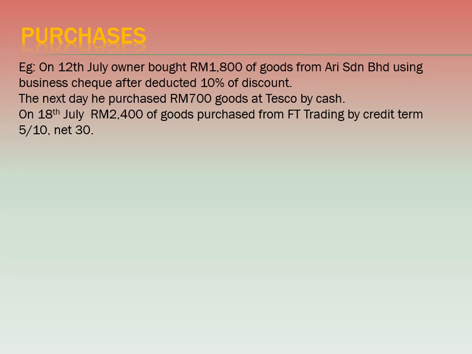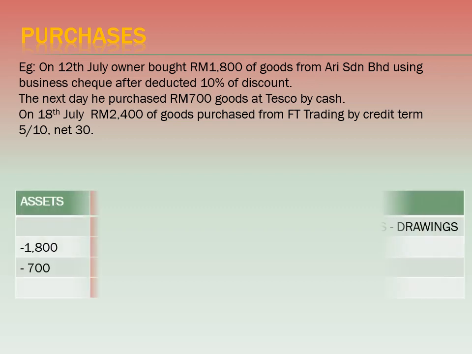So if you fail to pay on the 30th day, for example on the 18th of August, legal action can be taken on you because you breach the contract. Because the last day of the payment should be the net 30th day.